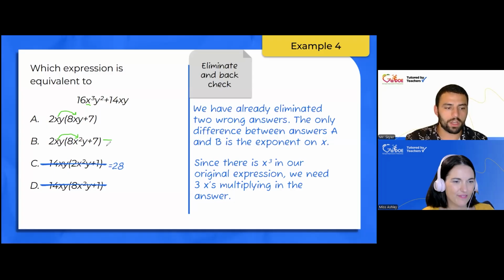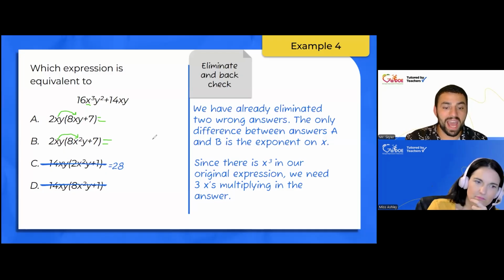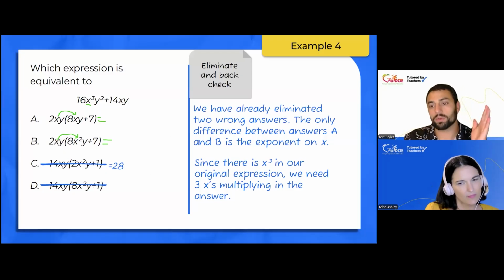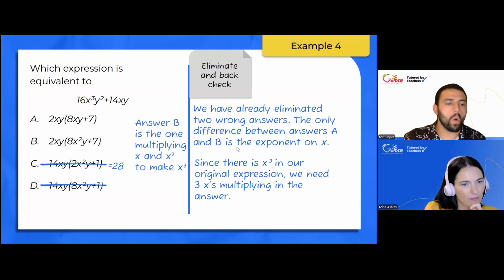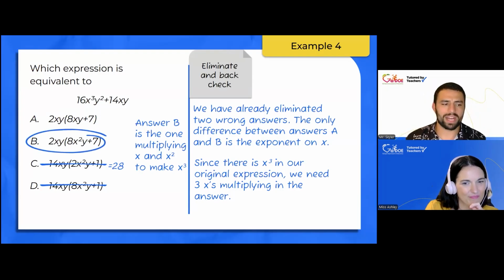So maybe this question comes down to: do you remember what x times x squared is, and what x times x is? We need 3 x's multiplying by each other, because when it's cubed, the exponent means multiply 3 times. So be extra careful. Only one of these multiplies an x and an x squared to make x cubed. Miss Ashley helped us slash some trash, and we can get our answer.